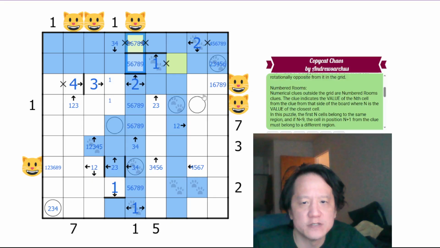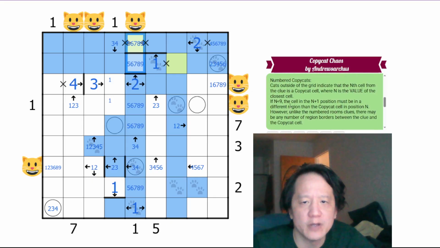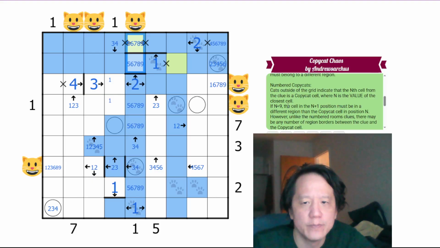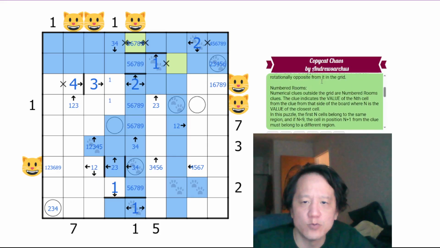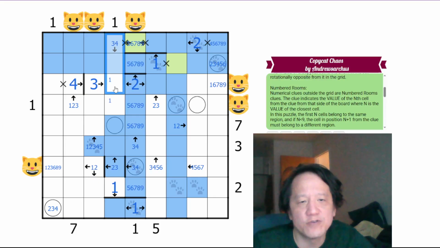That satisfies that numbered rooms copycat. This is 1, so this has to be a separate region there. Right, because for the numbered rooms clue, the first n cells, which is 1, belong to the same region. This is 3 or 4. These are different regions.